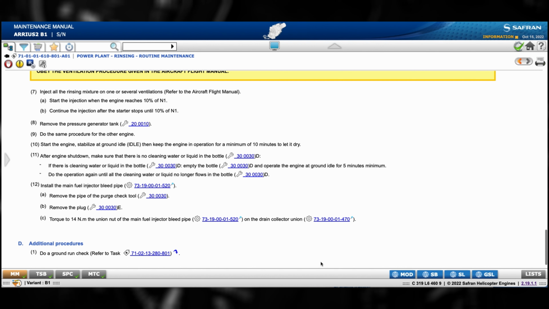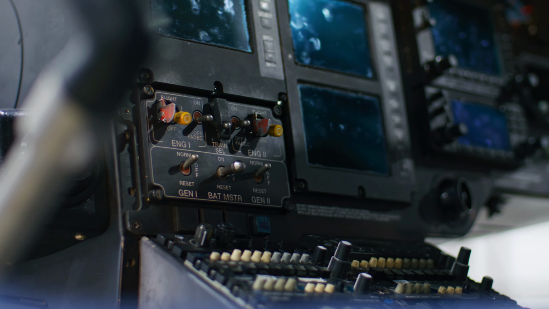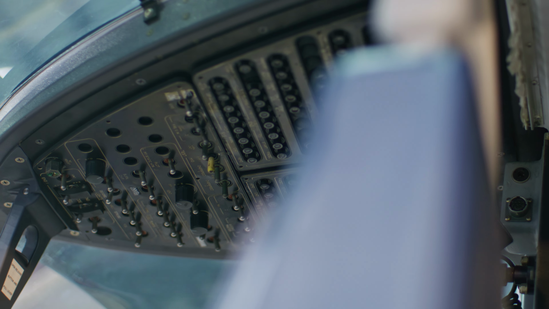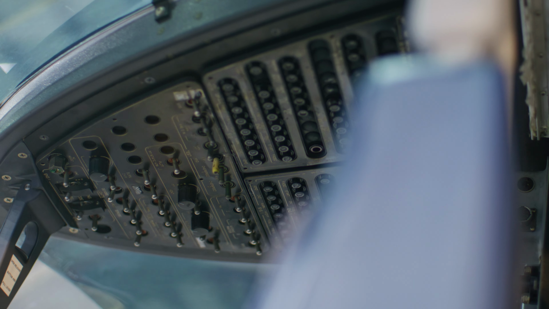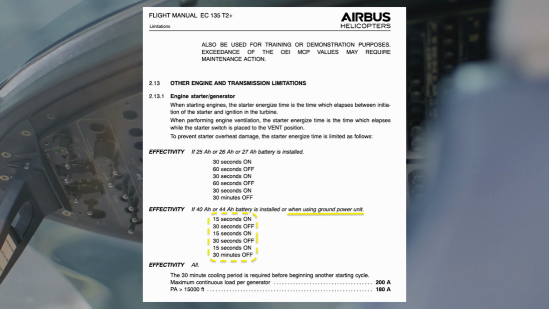Again, during the ventilation, we begin the injection above 10% N1 and stop injection at 10% N1 on the rundown. Note that the rinse does not require a soak time between injections, as is the case with the cleaning procedure. Inject all of the rinsing mixture in intervals while adhering to the starter limitations. After the final rinsing injection, you can restore the engine configuration.